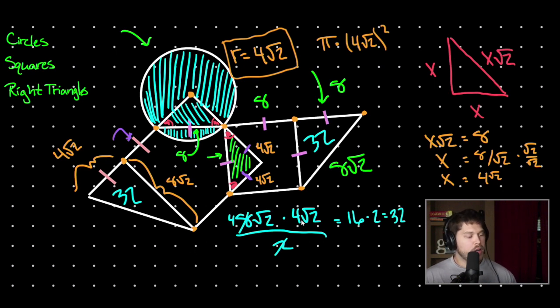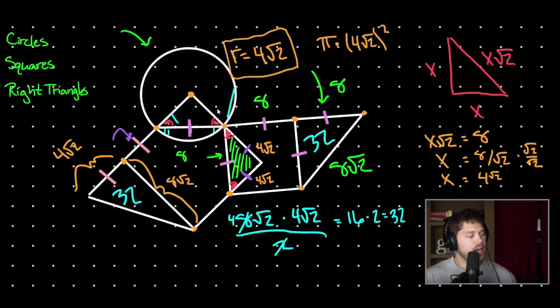Well, we just did 4 root 2 times 4 root 2 and found it to be 32. And so the area of our circle must be 32 pi. So let me go ahead and just write that in here. This must be 32 pi for the area of my full circle.